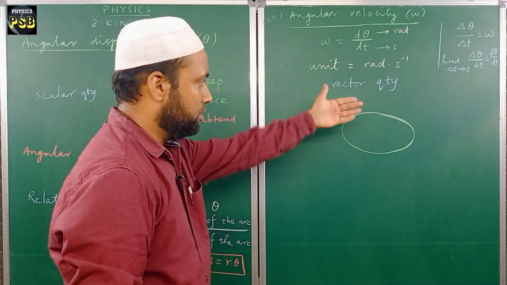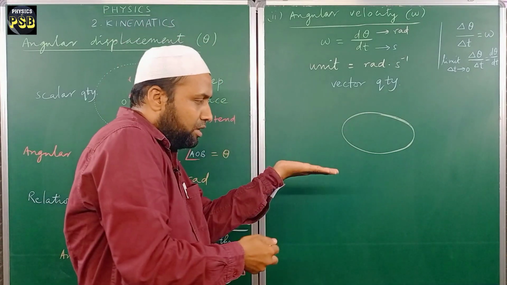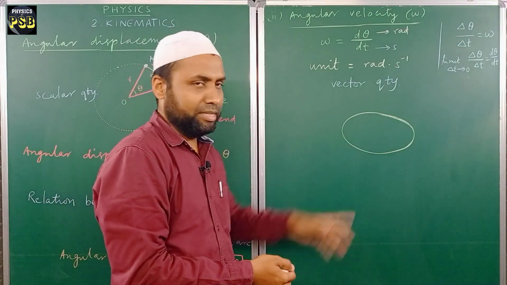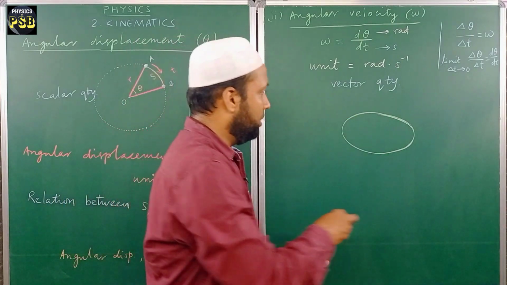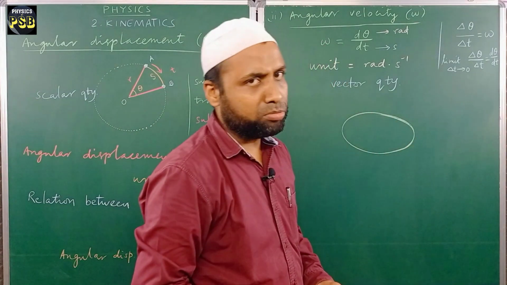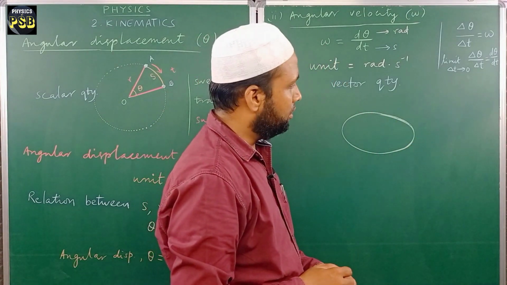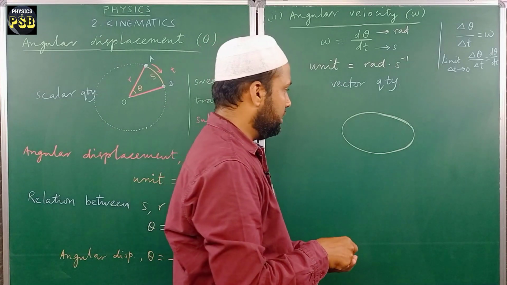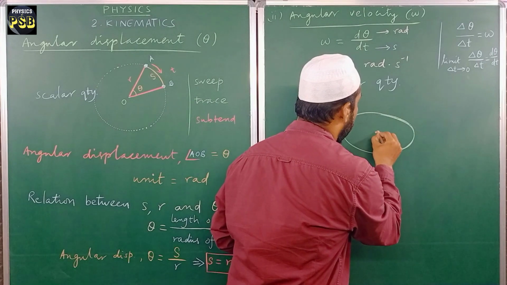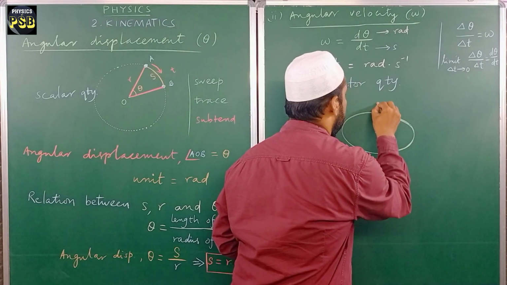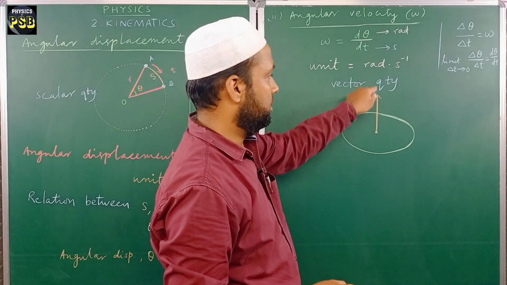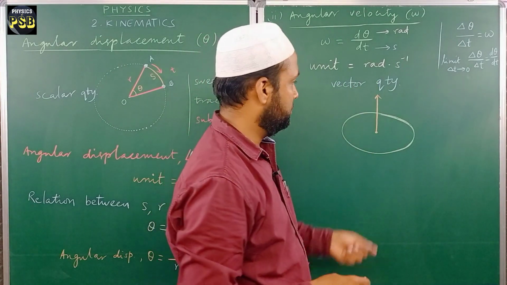If I show it in this manner, then it appears like this. So this is a circular path along which an object is moving. Then the angular velocity will act in this direction, along this line with arrowhead.